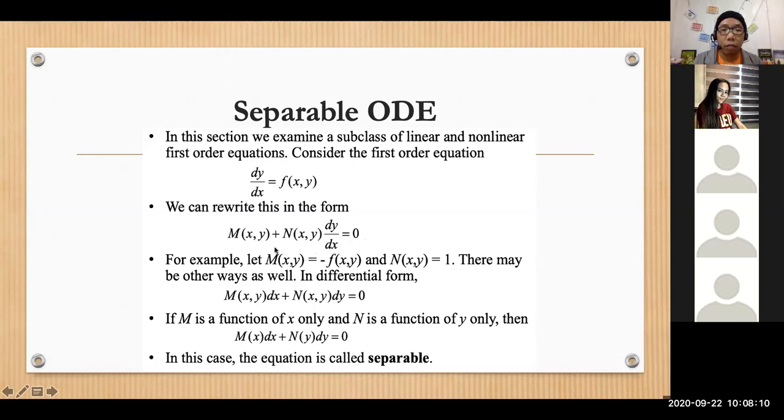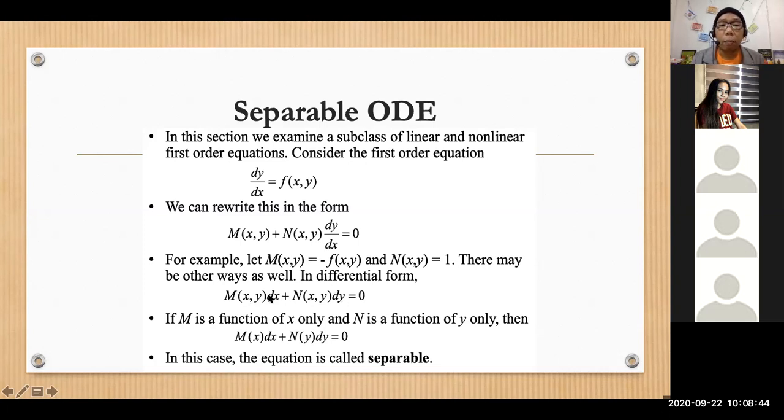If we transform this equation into a differential form, M is the coefficient of dx, and N is the coefficient of dy, equal to 0. Take note that M is a function of x and y, and N is a function of x and y. For us to arrive at its solution, we need to integrate this differential equation.